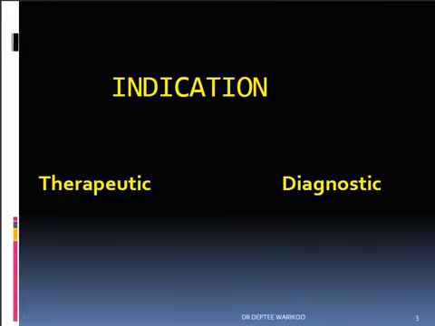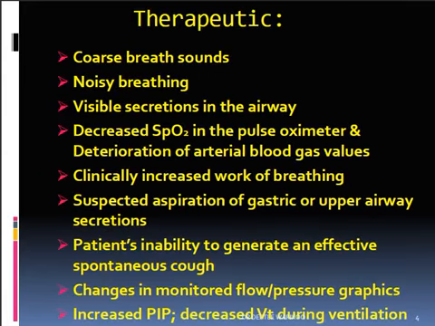Now when we talk about the main indications of these suctioning techniques, we could use it in a therapeutic manner as well as in a diagnostic manner. When we talk about therapeutic manner, the indications could be coarse breath sounds, noisy breathing. You can all auscultate it with a stethoscope. Visible secretions in the airways via the X-rays, decreased SpO2 in the pulse oximeter, and deterioration of arterial blood gas values.